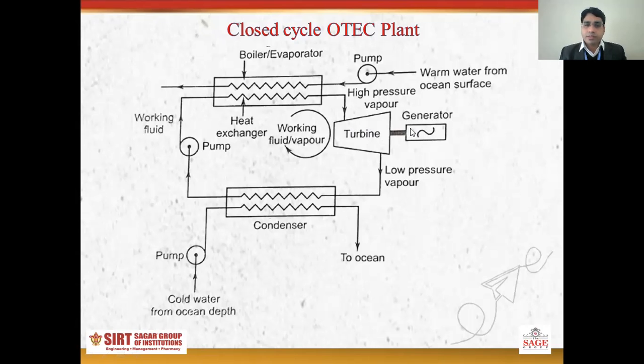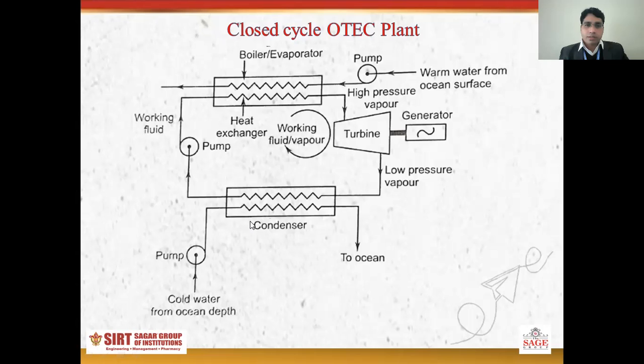We convert this mechanical energy into electrical energy with the help of this generator. The exhaust low pressure vapor comes out from the turbine and is sent to the condenser. The main function of the condenser is to condense this vapor into condensate, or working fluid, and send it back to the boiler.